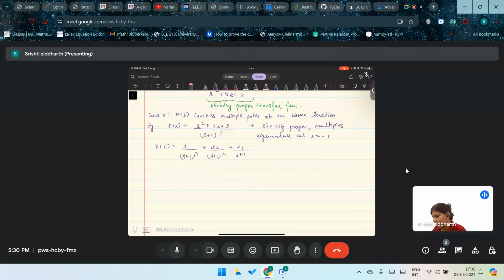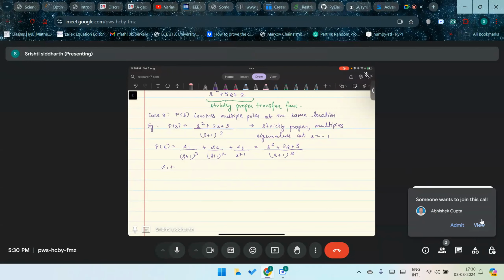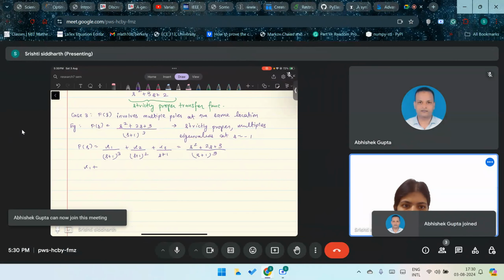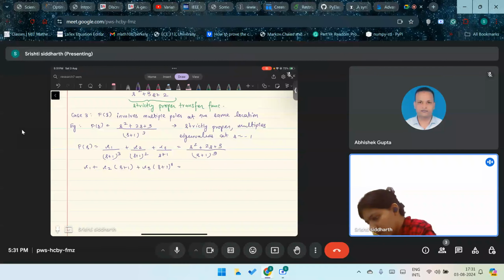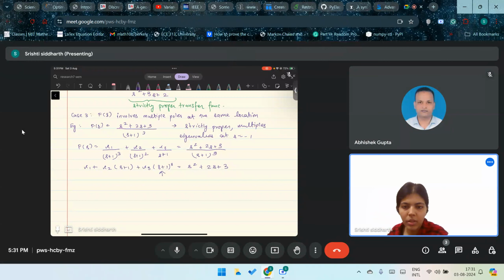And so to find out what c1, c2, c3 are, what you can do is just equate these two equations and equate the coefficients of the same powers. So this is going to be c1 plus c2 times (s plus 1) plus c3 times (s plus 1) cube, and this is going to be equal to s square plus 2s plus 3. So you can expand this and then just compare the same powers of s.